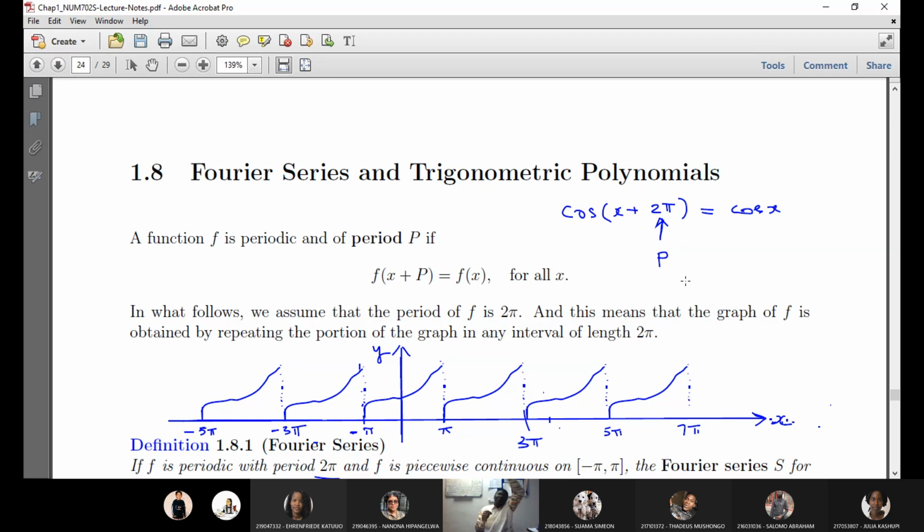Initially I was here. After a complete cycle, I come back to that position. So the function, cosine, and the sine function too, is periodic, and the period is 2 pi. This is a simple example.